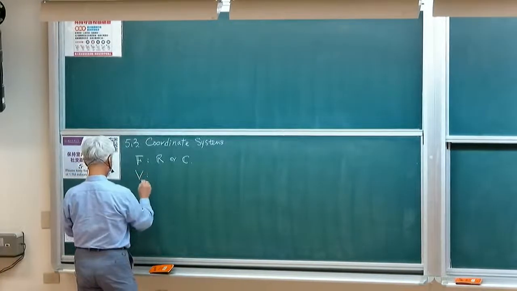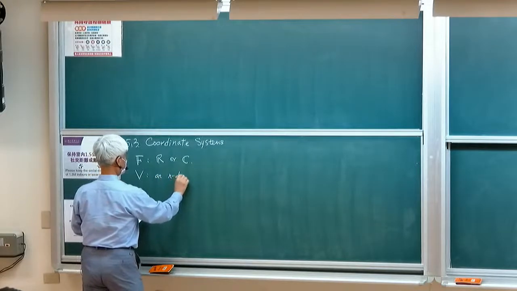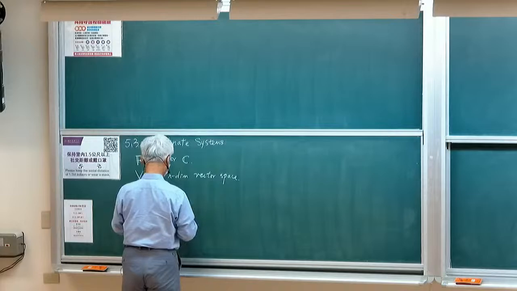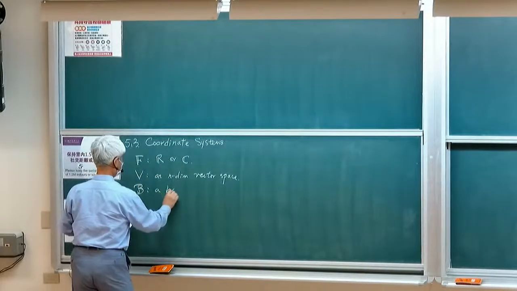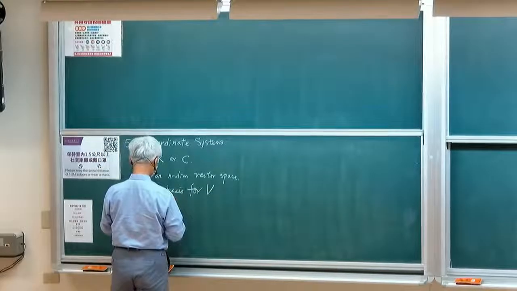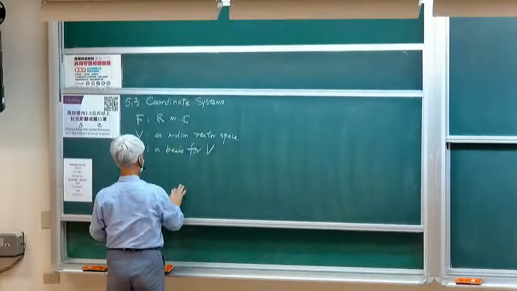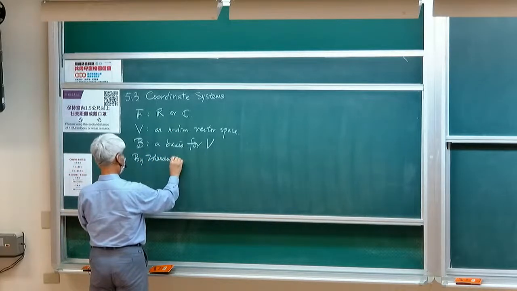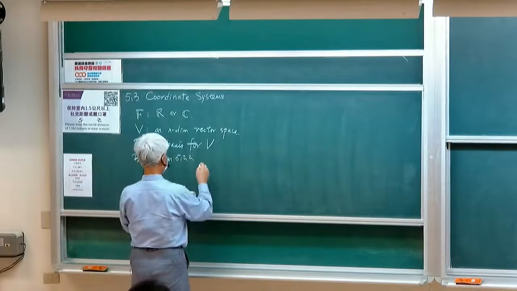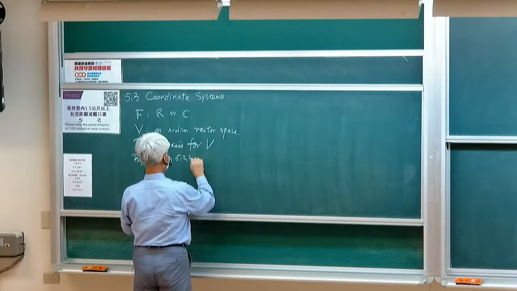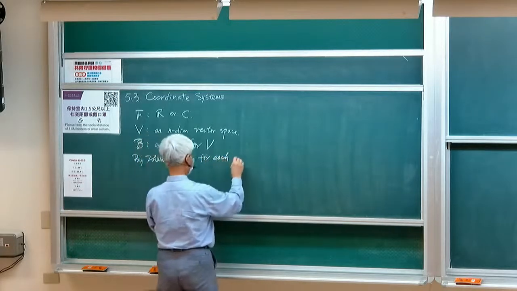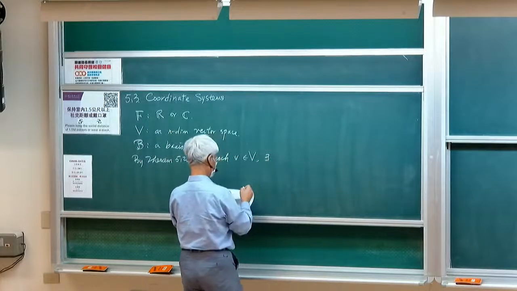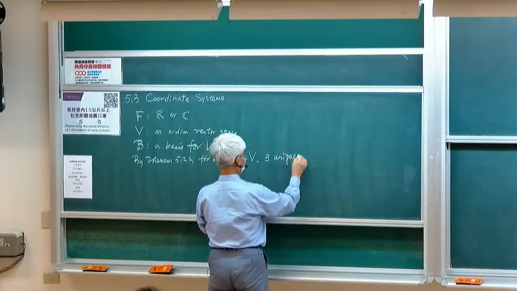All right. Now let V be an n-dimensional vector space, and B a basis for V. Now by Theorem 5.2.2, for each vector V in the vector space, there exist unique scalars.